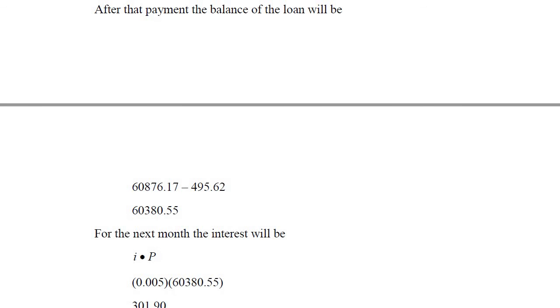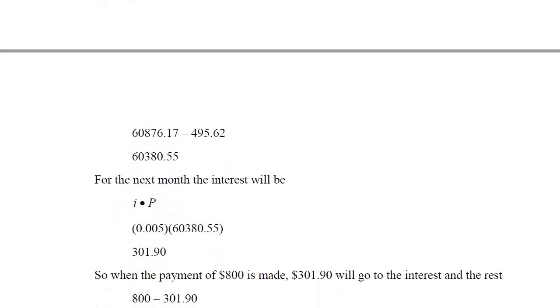So i times P to find out how much interest accumulates during that next month. That is going to be 0.005 times $60,380.55, which gives us $301.90. So that's how much interest is going to accumulate during that next month.